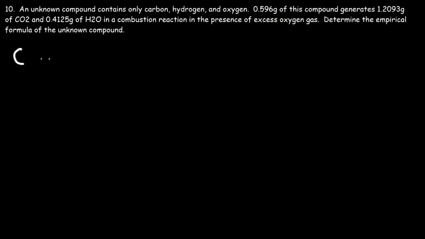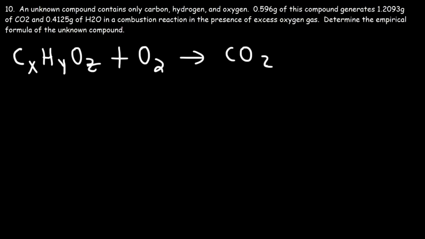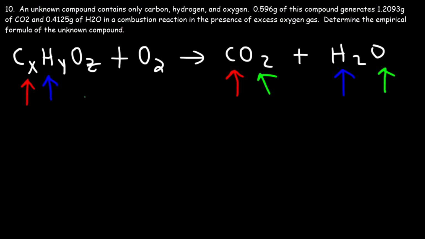So let's write a combustion reaction. So the compound contains carbon, hydrogen, and oxygen, but we don't know what the subscripts are. So I've labeled X, Y, and Z. And then it's going to react with oxygen gas from the air to produce carbon dioxide and water. Now, what you need to understand is this. All of the carbon in CO2 comes from the compound, and all of the hydrogen atoms in H2O also come from the compound. However, the oxygen atoms do not all originate from the compound.